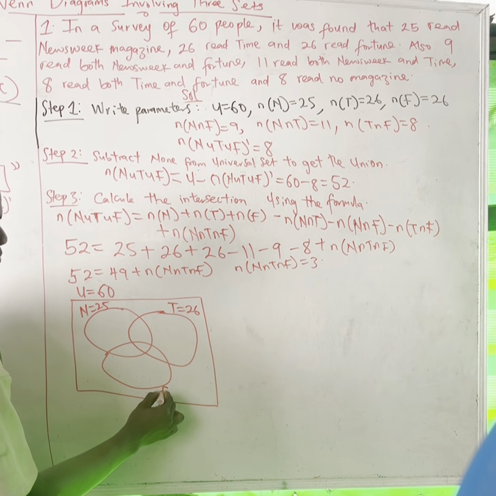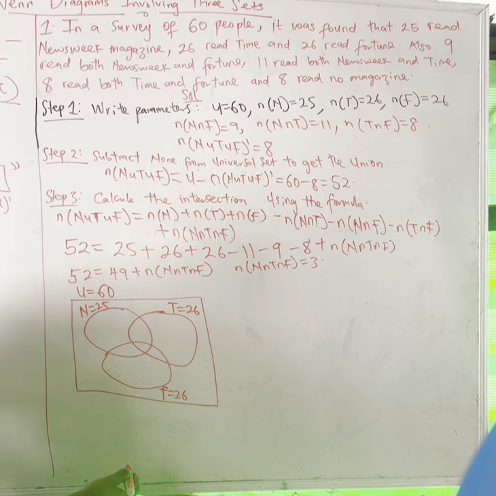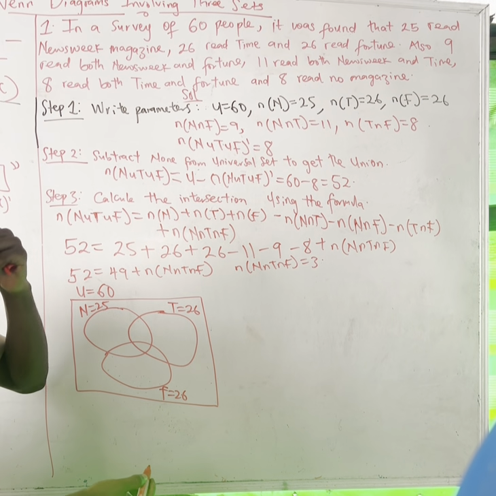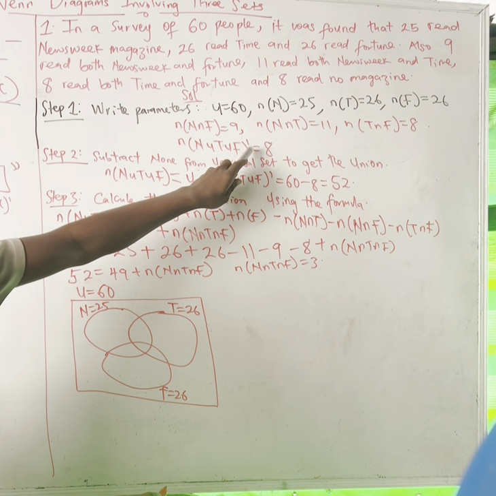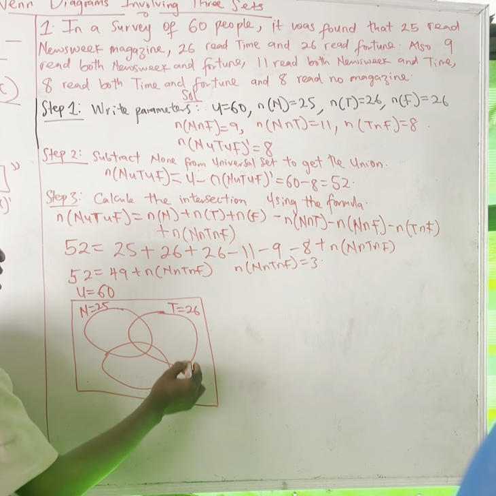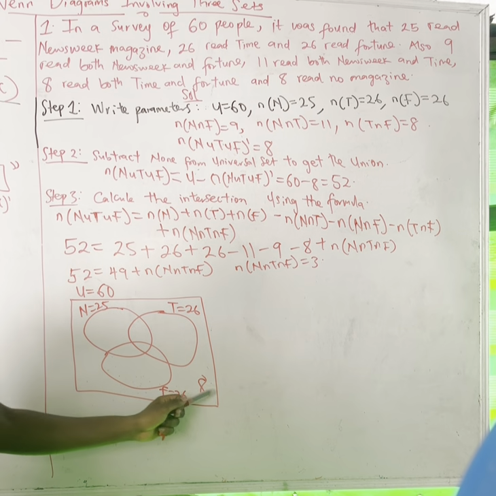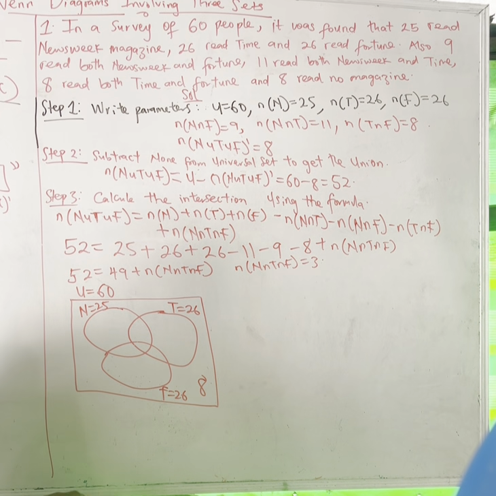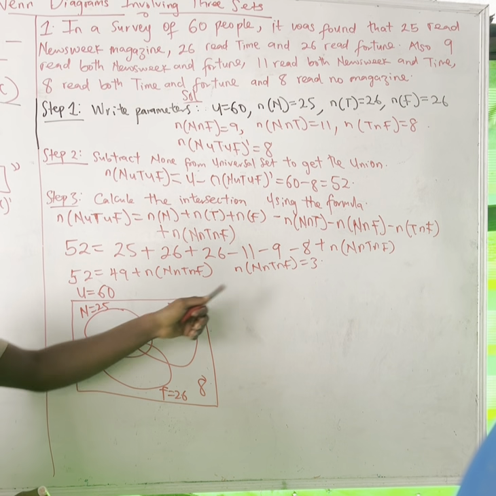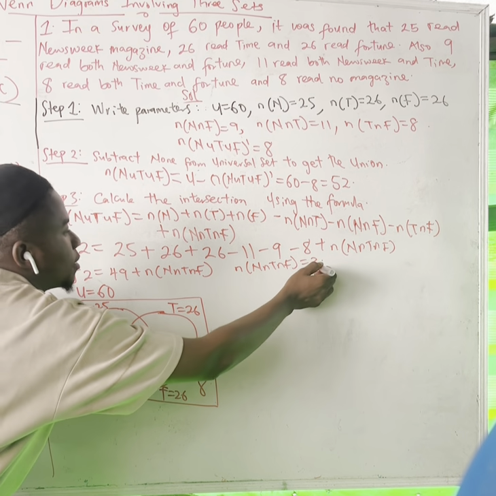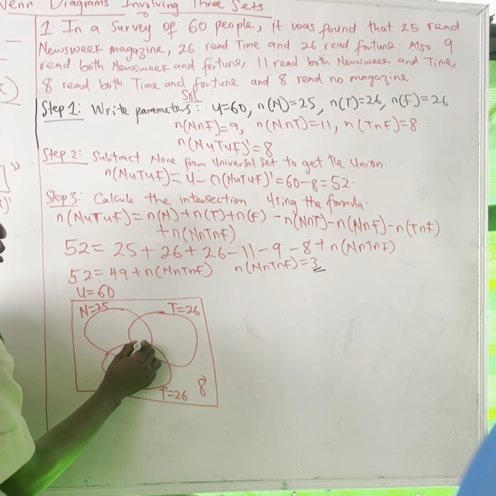That is F, that's equal to 26. So those that do none, those that do not participate in any, I'll write outside, that is 8. That simply means they don't participate in any of these. The next thing now, guys, is that I'm going to look at the center. That is my intersection of the 3. So this one will be 3.